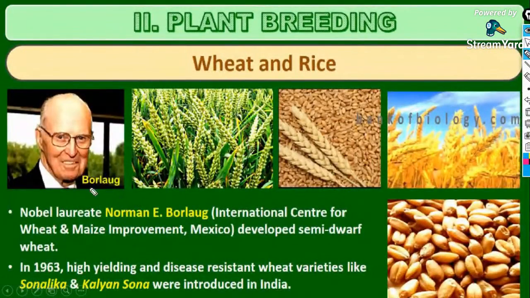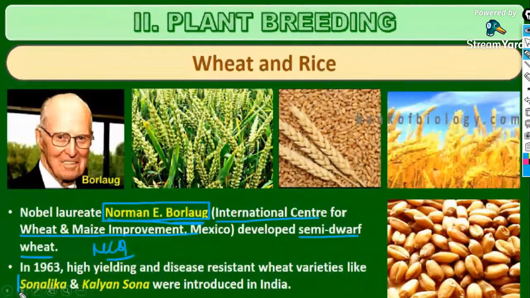Norman E. Borlaug, who was working at the International Center for Wheat and Maize Improvement in Mexico, developed a semi-dwarf variety of wheat. Very, very important MCQ. Norman E. Borlaug developed semi-dwarf varieties of wheat like Sonalika and Kalyan Sona, which were high-yielding and disease-resistant varieties of wheat introduced in 1963.